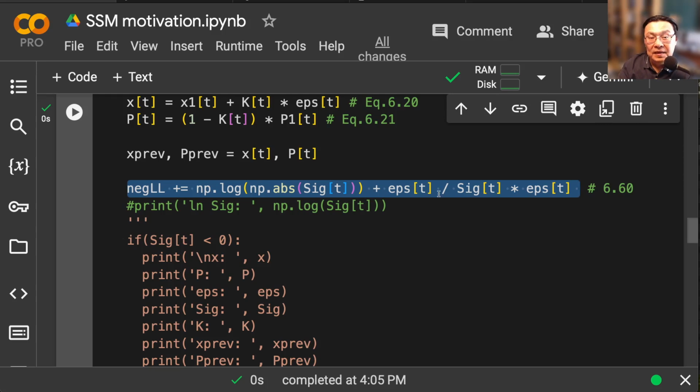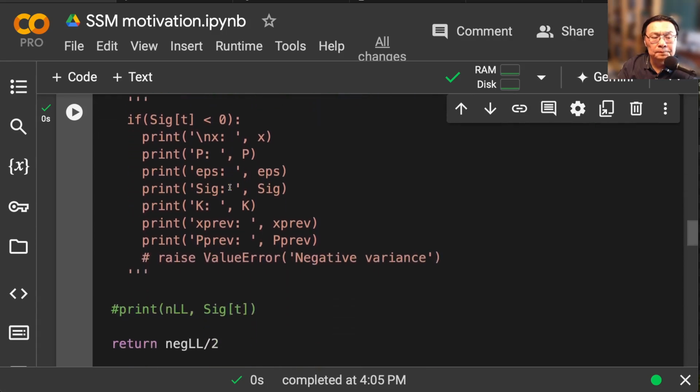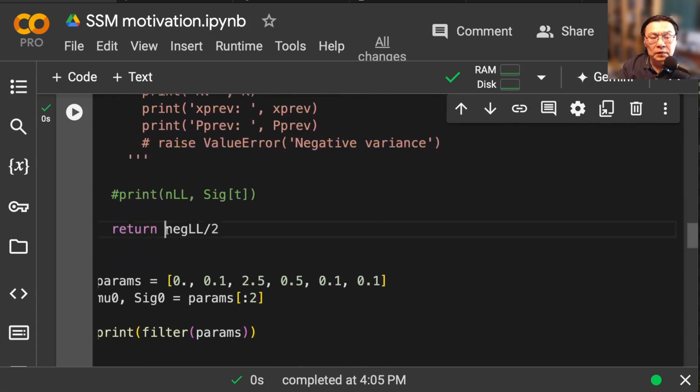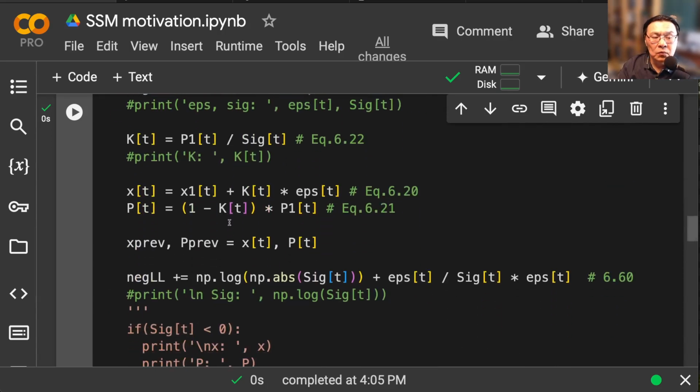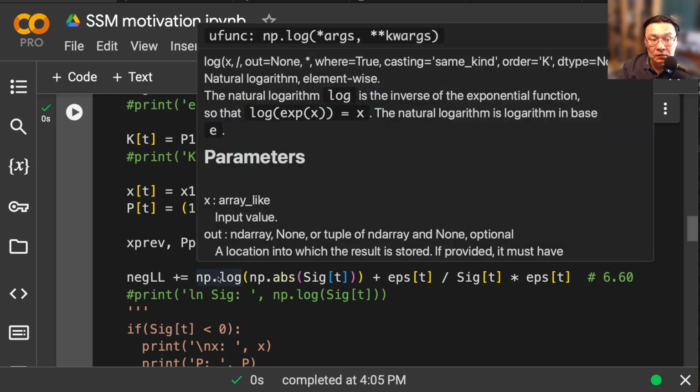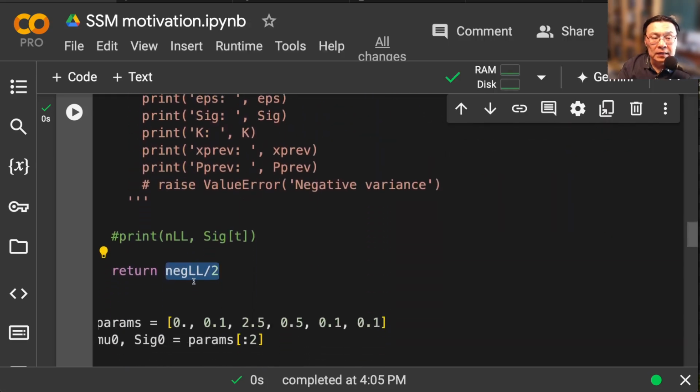Very simple implementation: you have these epsilons divided by sigma, and there's some kind of a log and so on. Simple implementation of the formula, and then we will return neg likelihood. We divide it by 2 here, because this formula is double the log likelihood, so we divide it by 2.